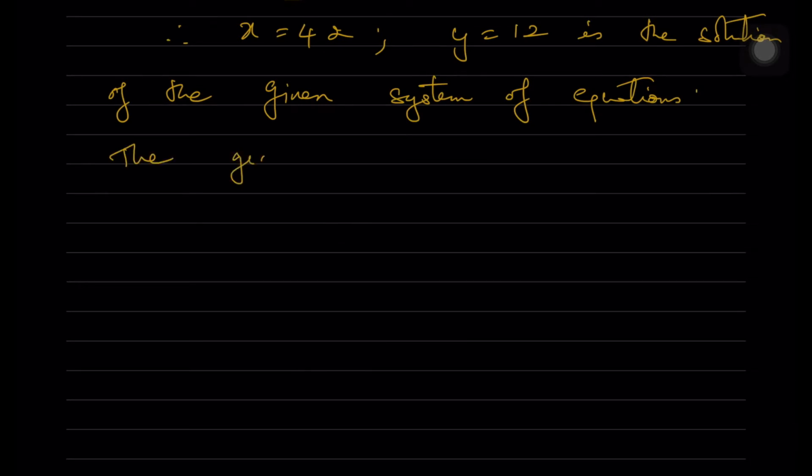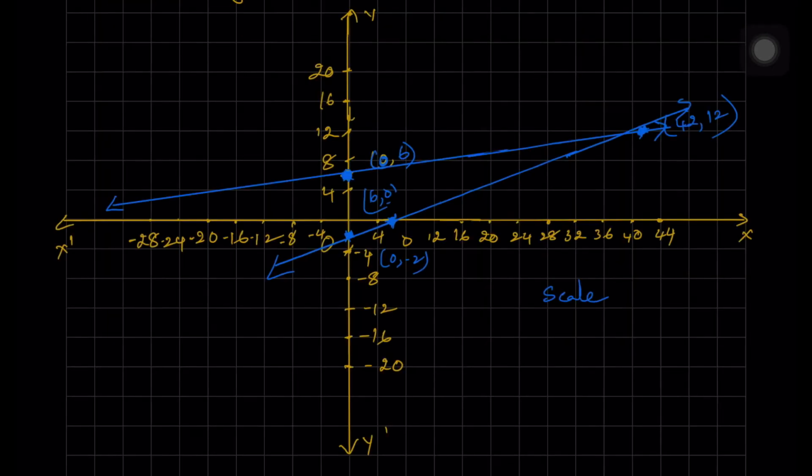So we get two equations, two tables which are formed. When we plot the graph of equations, we find that both the lines intersect at the point 42 and 12. I'll be showing the graph in the next page.